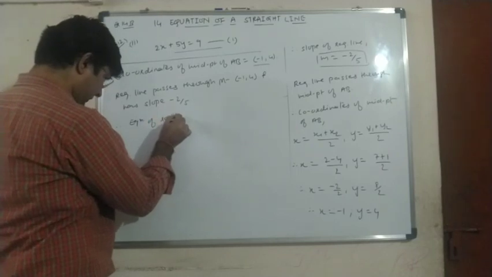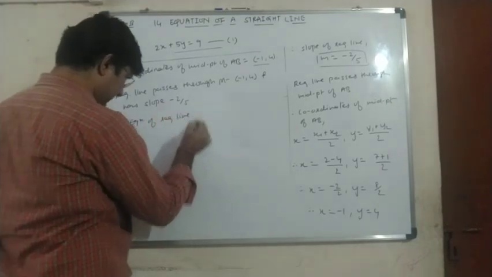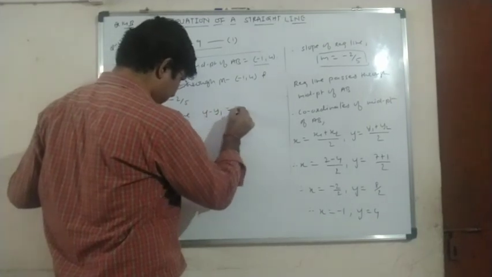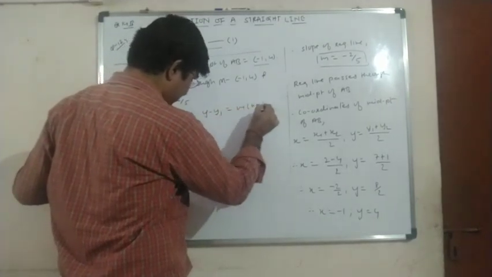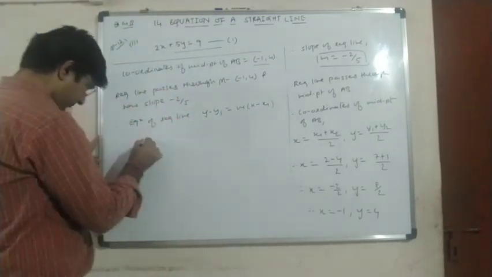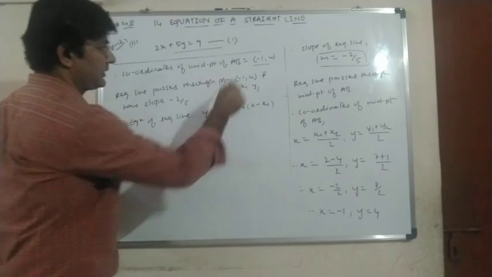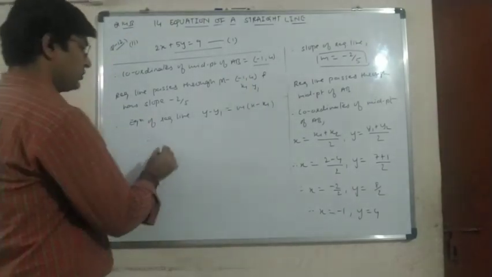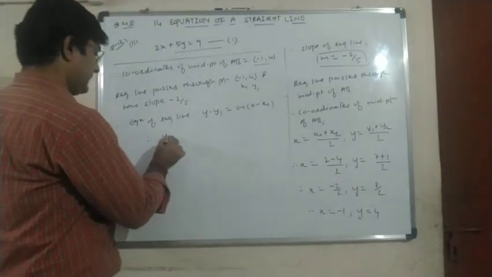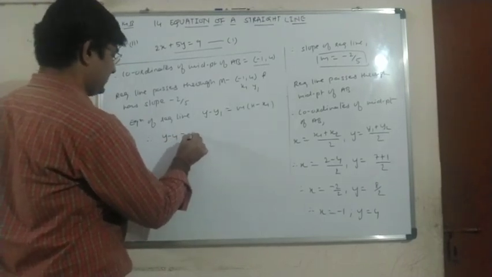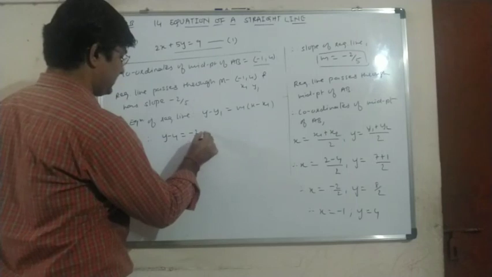equation of required line will be given by, again, point-slope formula, y minus y1 is equal to m into x minus x1. Here x1 and y1 are the coordinates of this midpoint. So y minus 4 is equal to m, what is m? Minus 2 upon 5. Yes or no?